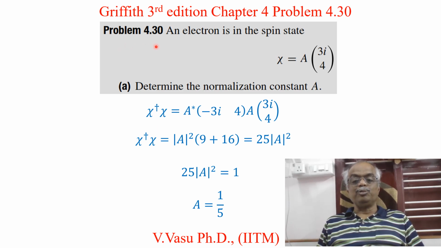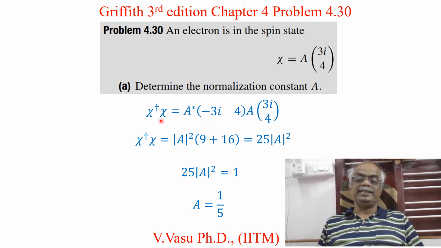Problem 4.30: an electron is in a spin state chi equal to A times (3i, 4). This is a column matrix. Part (a): determine the normalization constant A. Then chi dagger chi must be equal to 1.